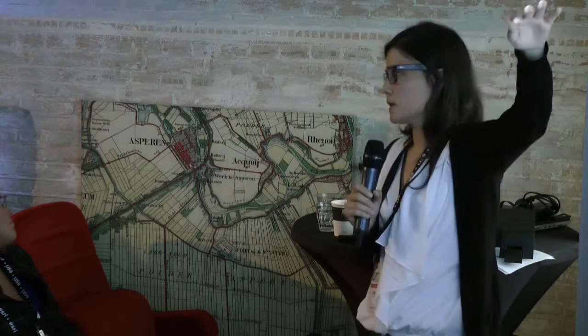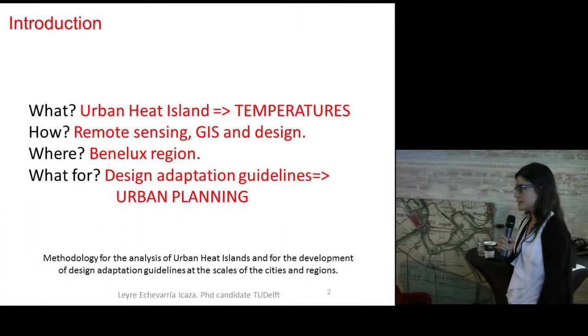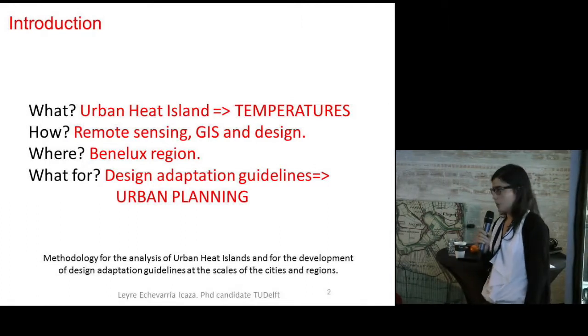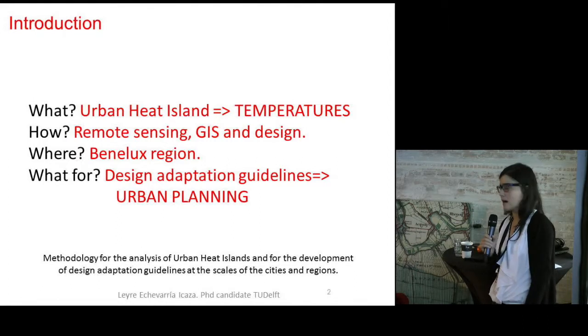Typically, the heat island concentrates in the cities, and we compare the temperature in the city centers with the landscape temperature. But the Benelux area is a particularly interesting and relevant case for this analysis because of the low density and because of the blurred boundaries.